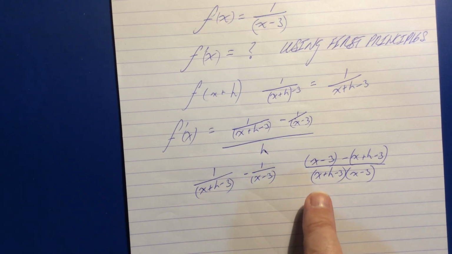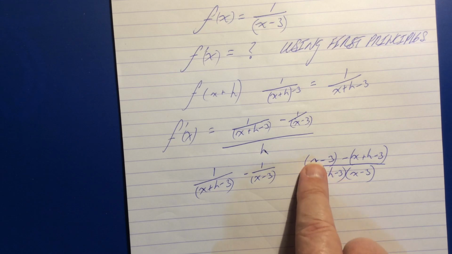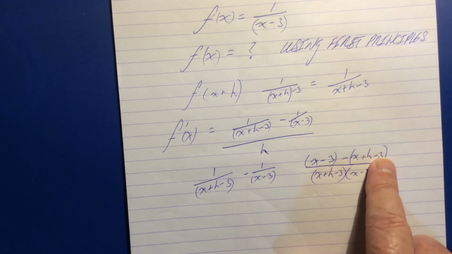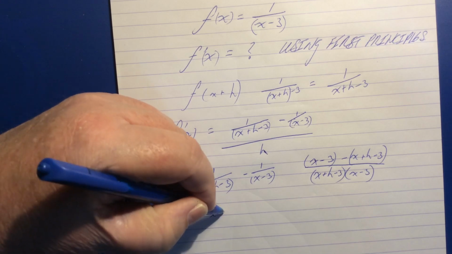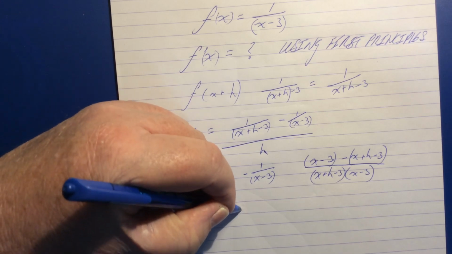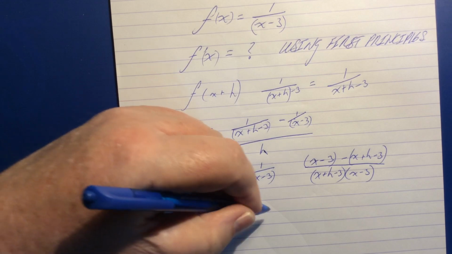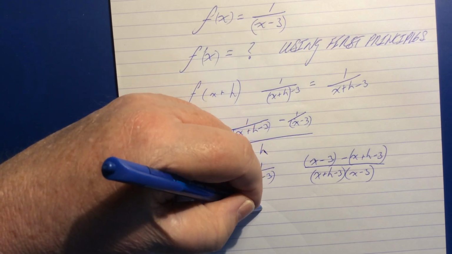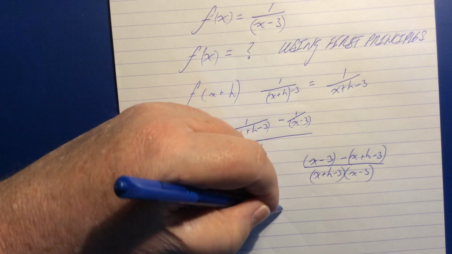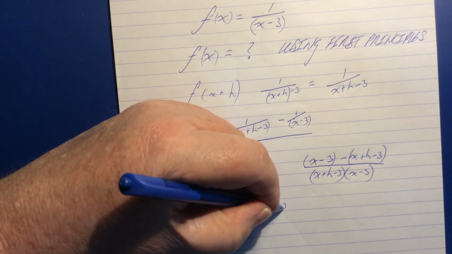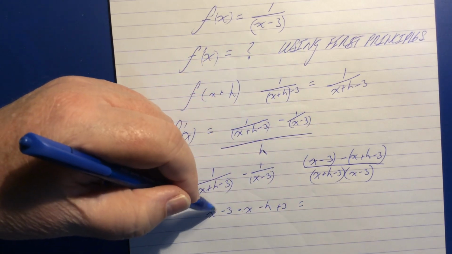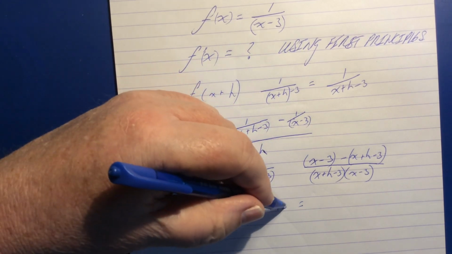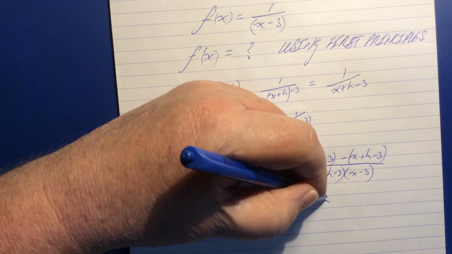Now, the next thing that we'll do is tidy up this numerator. So we have x minus 3 minus x minus h plus 3. So that's very easily tidied. That goes, that goes, that goes, and that goes. It's negative h.